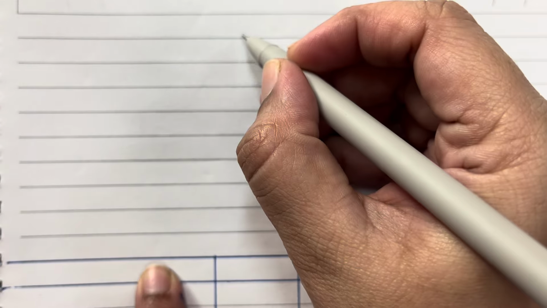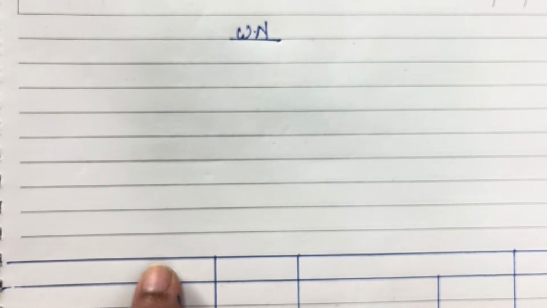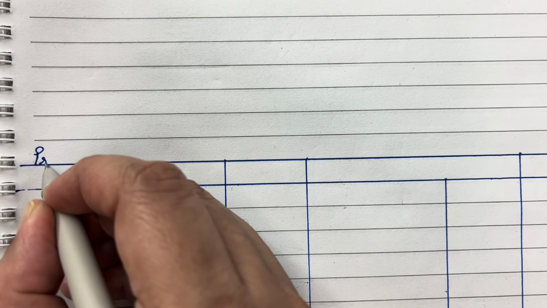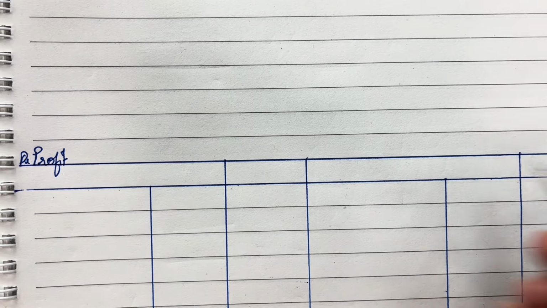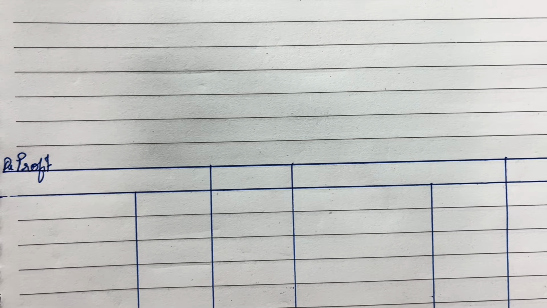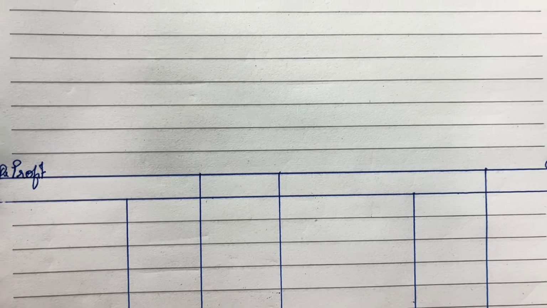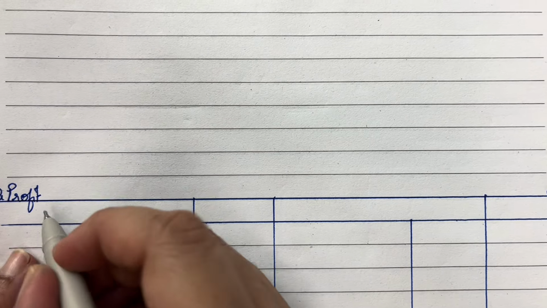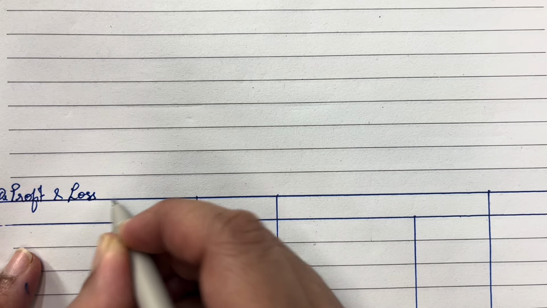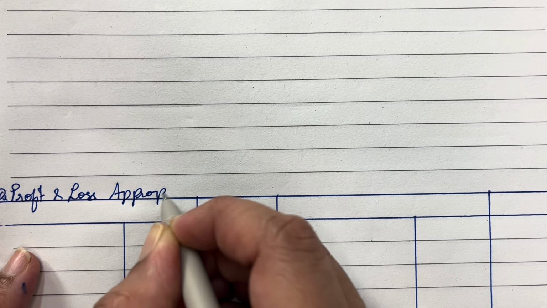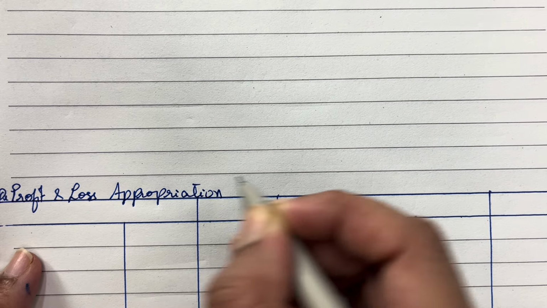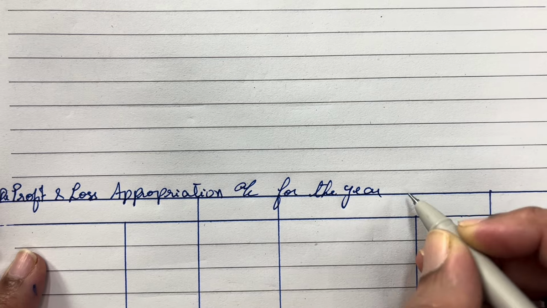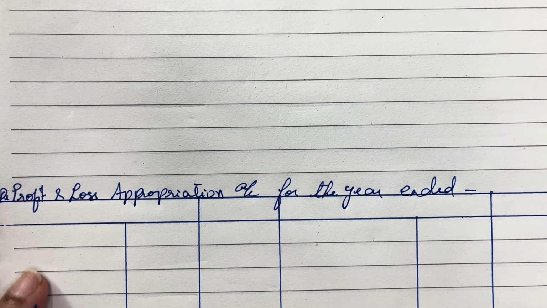First, we leave some space for our working notes, and then we'll prepare the format of our profit and loss appropriation account. First, debit, credit on the other side. Profit and loss appropriation account for the year ended, whatever.